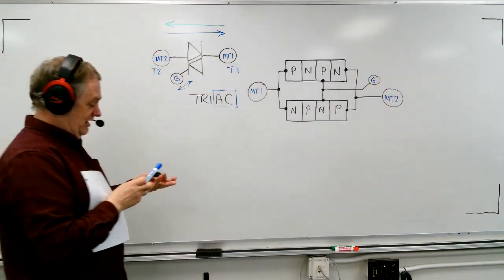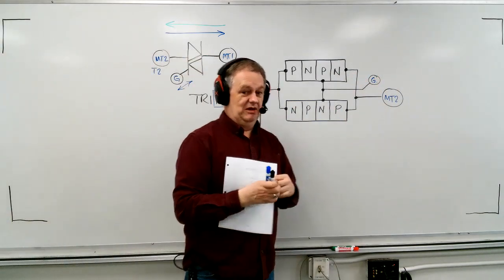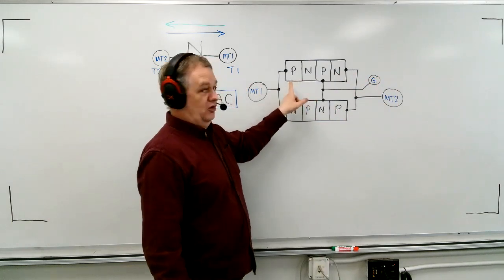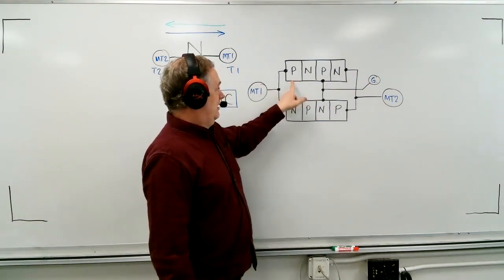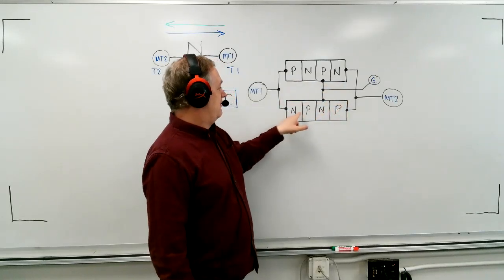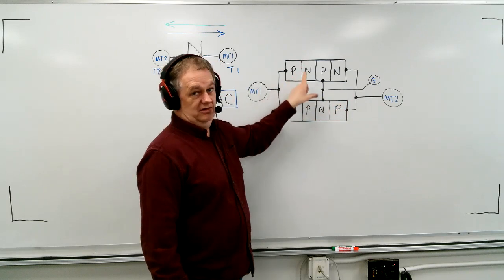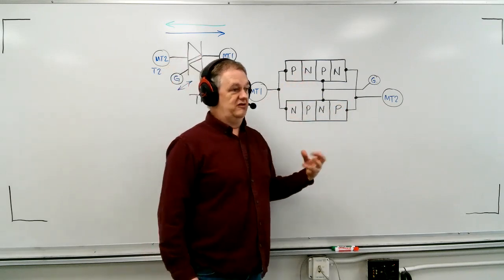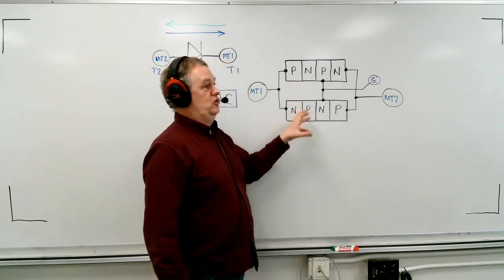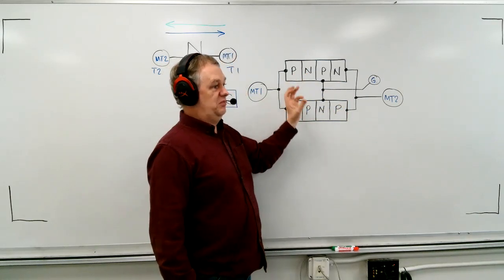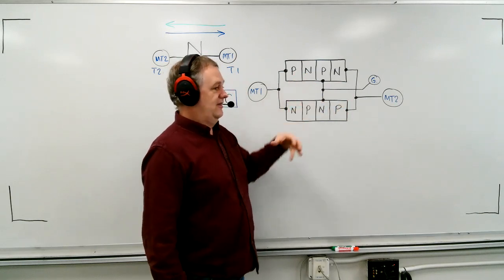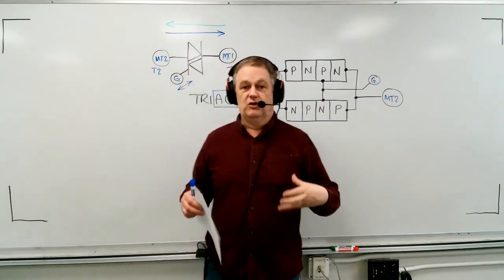Now I got a question for you from everything we've already talked about with thyristors. Doesn't this look a whole bunch like an SCR and another SCR inverse parallel connected? Okay, and so the truth of the matter is that a triac is essentially identical to two inverse parallel connected SCRs, with the interesting exception that the two SCRs each have their own gate.